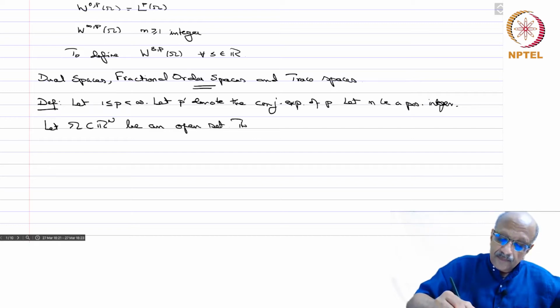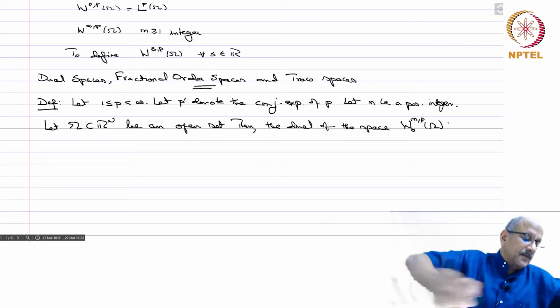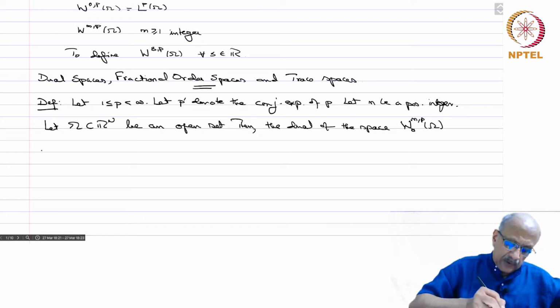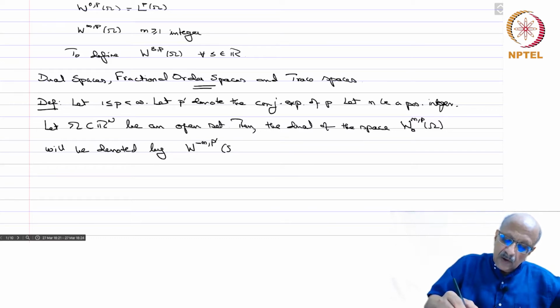Then the dual of the space WMP0 of omega will be denoted by W minus M P dash omega.